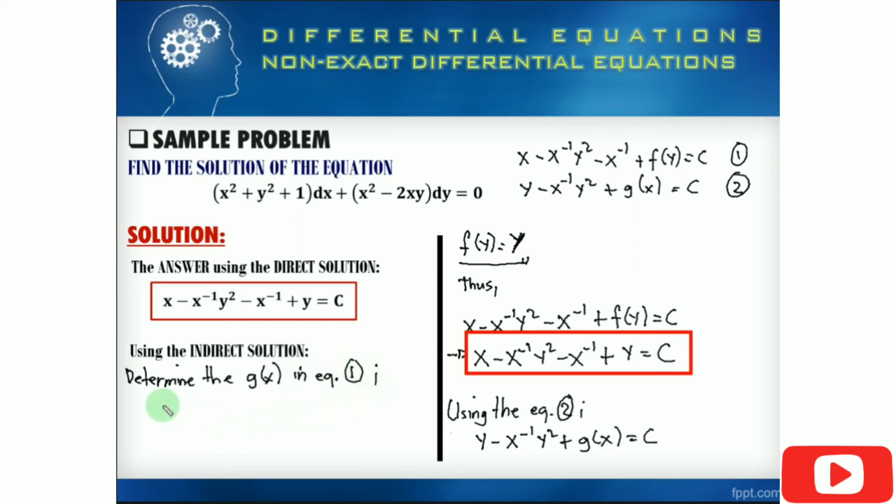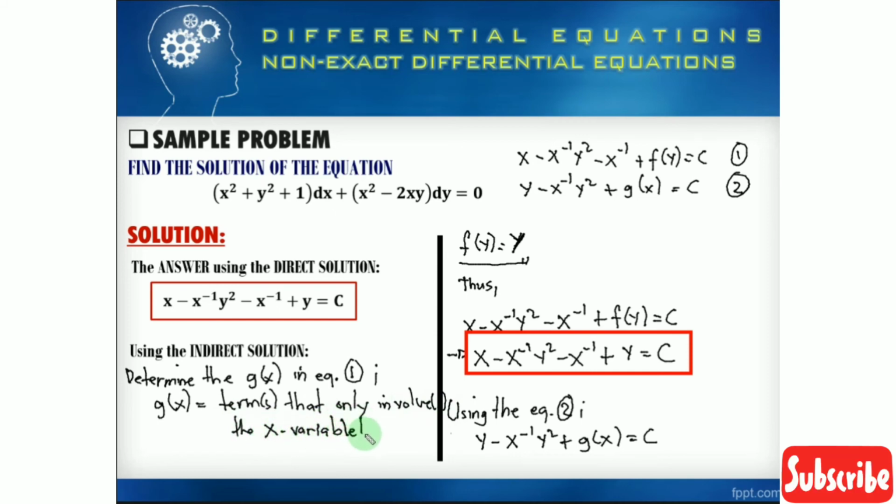Okay, so our j as a function of x refers to those terms that only involve the x variable. So in this case, determine the j as a function of x in equation 1.